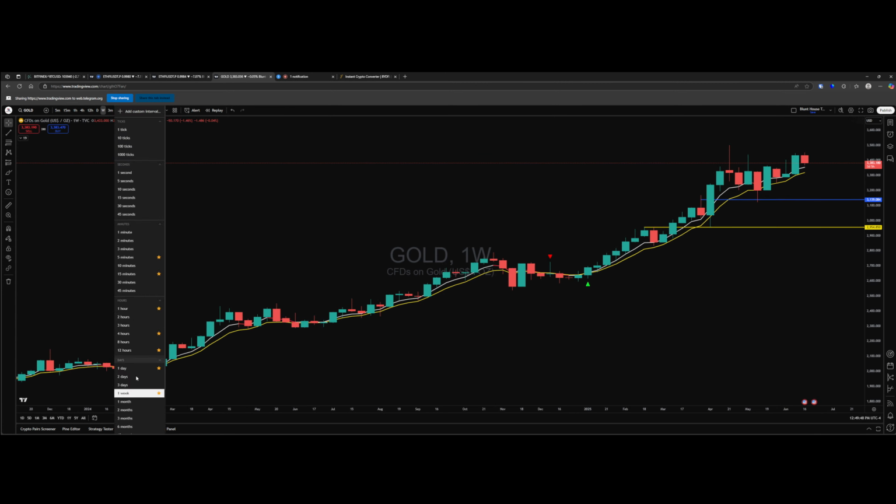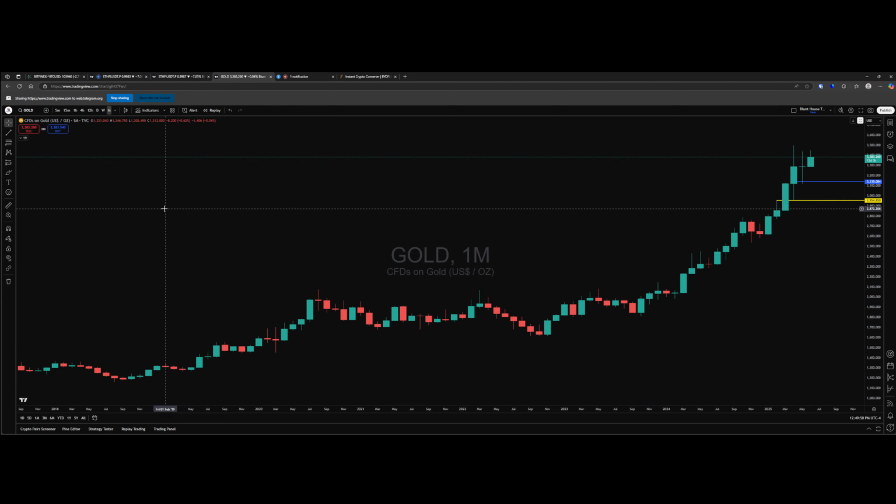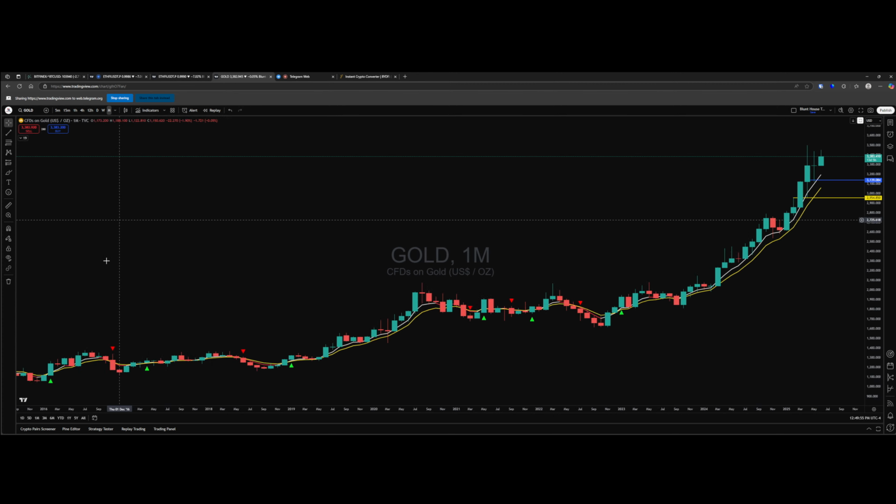And because we use multi-time frame analysis on everything that we do, if you would have entered, so we've just gone to a monthly chart on gold.